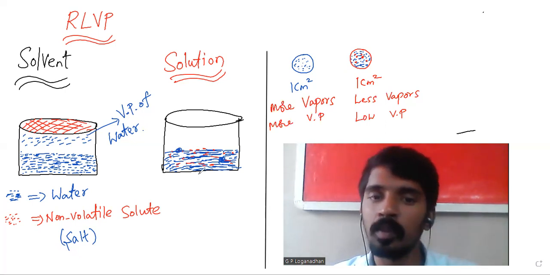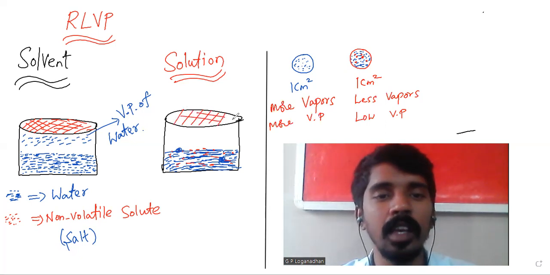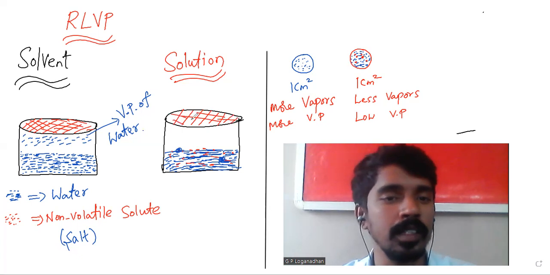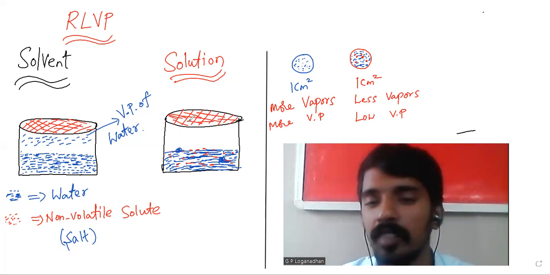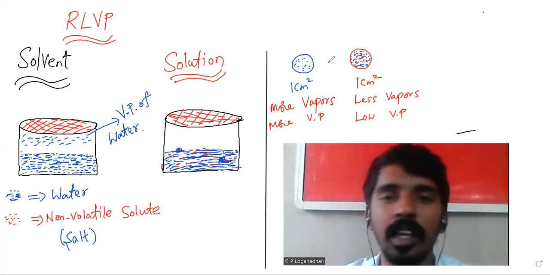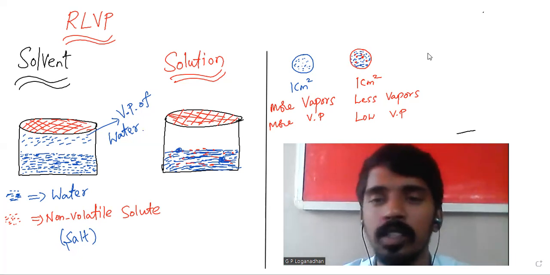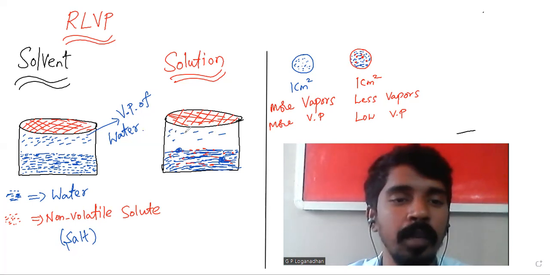So in the first case there will be more vapors, and in the second case there will be fewer vapors. Vapor pressure is decreased. That is known as lowering of vapor pressure.